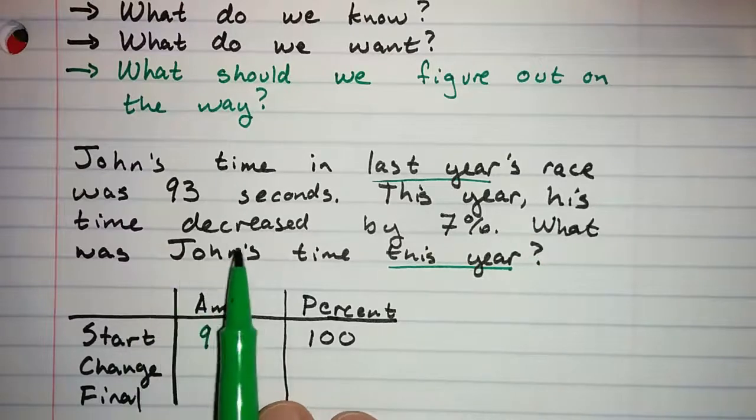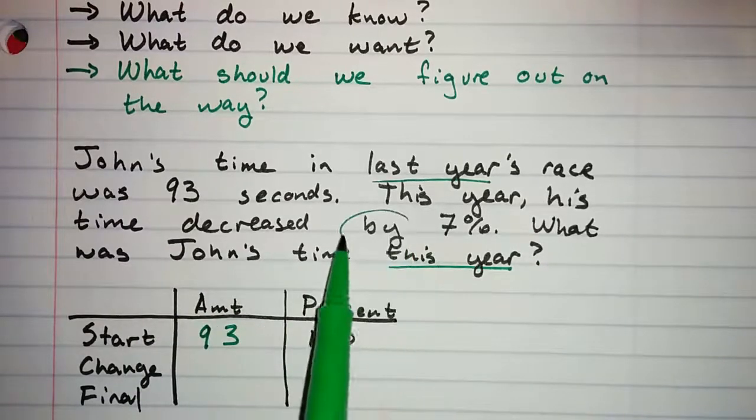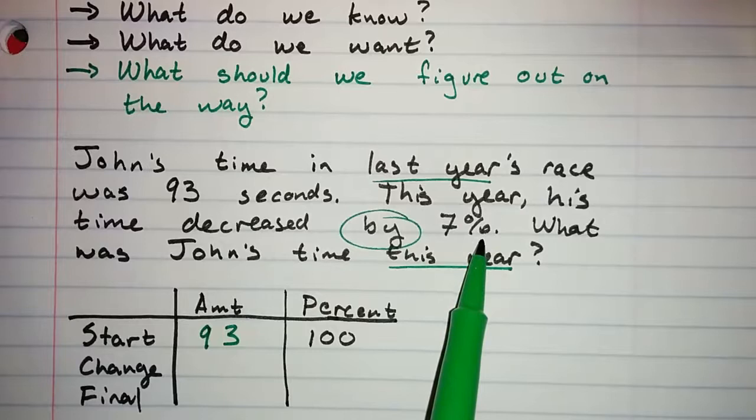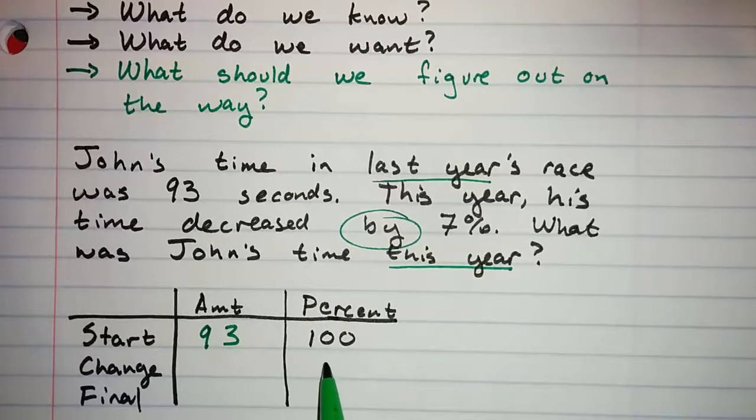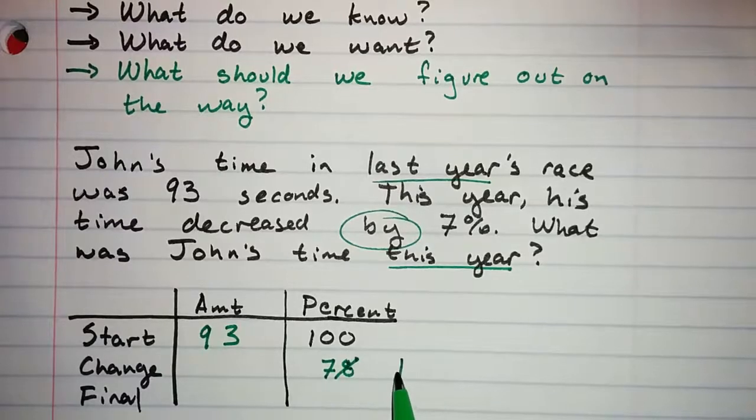This year, his time decreased by 7%. So the percent change was 7%, and it was a decrease. What was John's time this year? We want to know his time this year. That's the final amount.